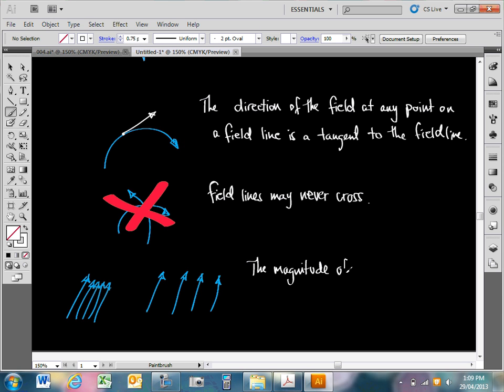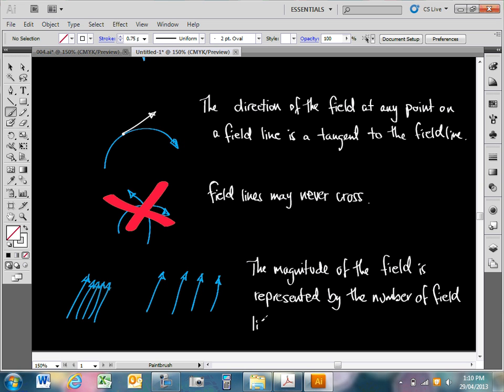The magnitude of the field is represented by the number of field lines per unit area.